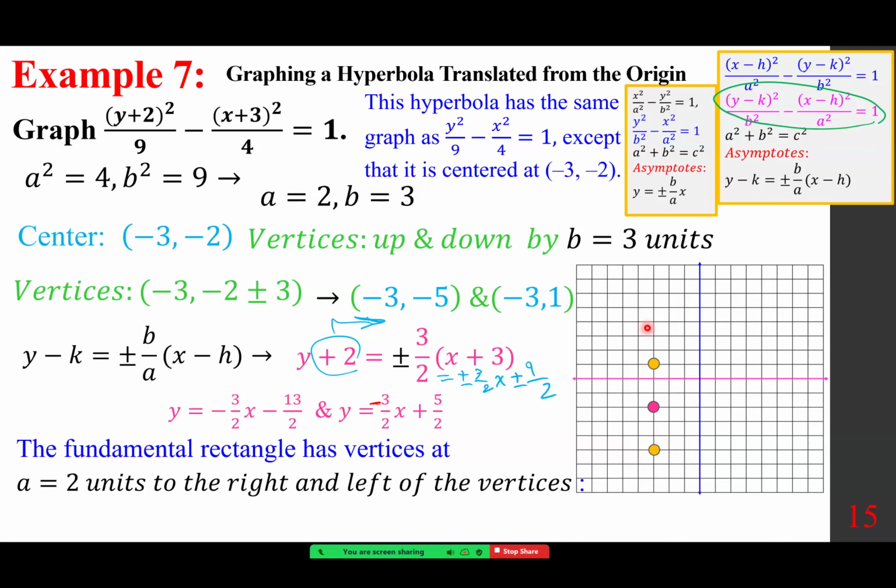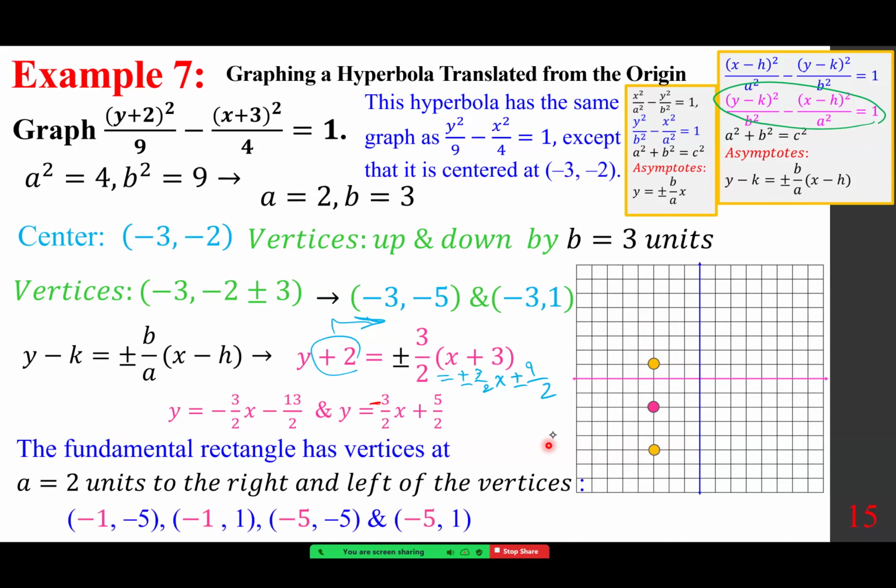This one, -3, 1, when I go to the right by 2 units, gives me -1, 1. So 2 units to the right of this, 2 units to the right of this, and then left and left.